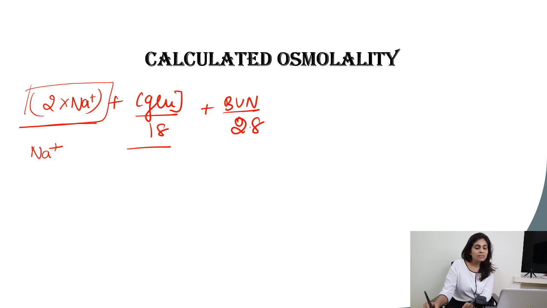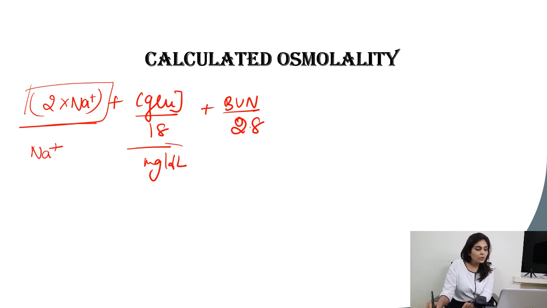Now, why is it glucose by 18? It is because in India, we measure glucose concentration in milligram per deciliter, which means we weigh the amount of glucose that is present in the blood. We don't count the number of glucose molecules present in the blood. But as far as osmotic movements are concerned, we are worried only about the number.